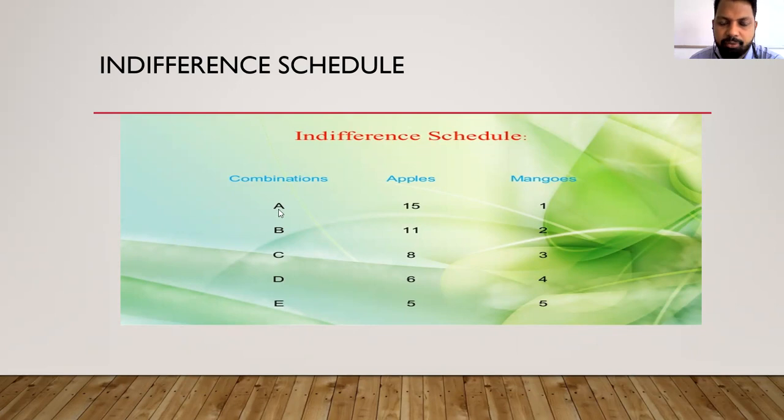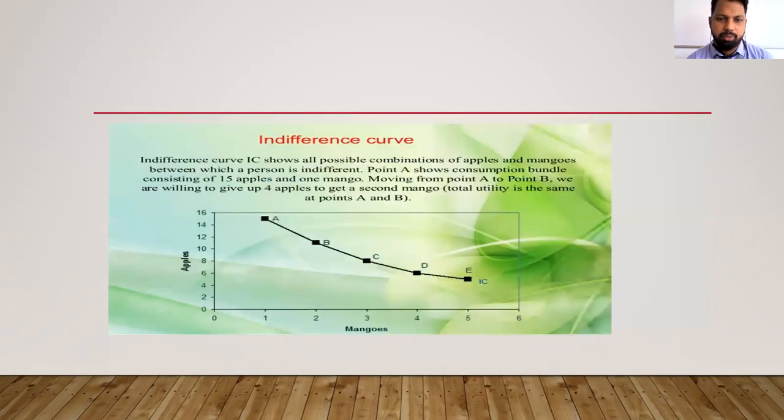If you take combination A, which consists of 15 apples and 1 mango, and combination E, 5 apples and 5 mangoes, all these combinations have different numbers of apples and mangoes, but the satisfaction level remains the same. If you choose combination A or combination E, you will get the same level of satisfaction. That is why the consumer is indifferent towards a particular combination.